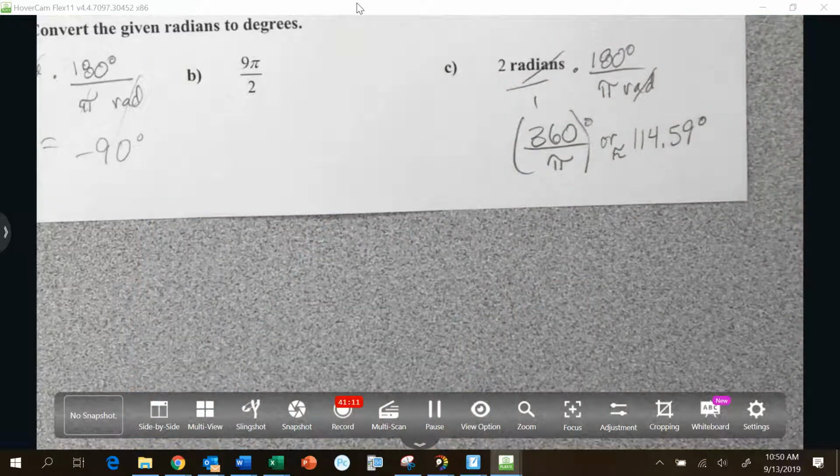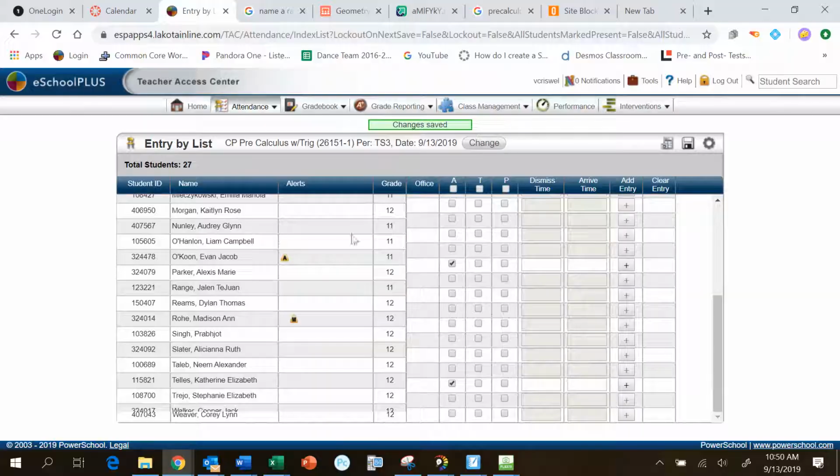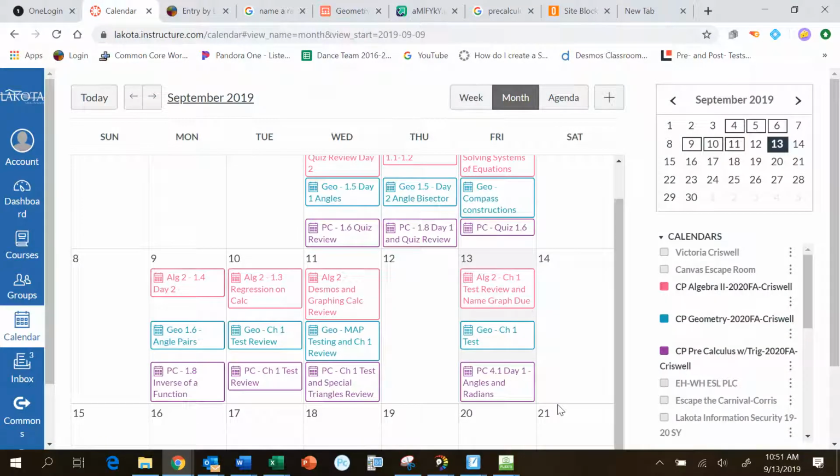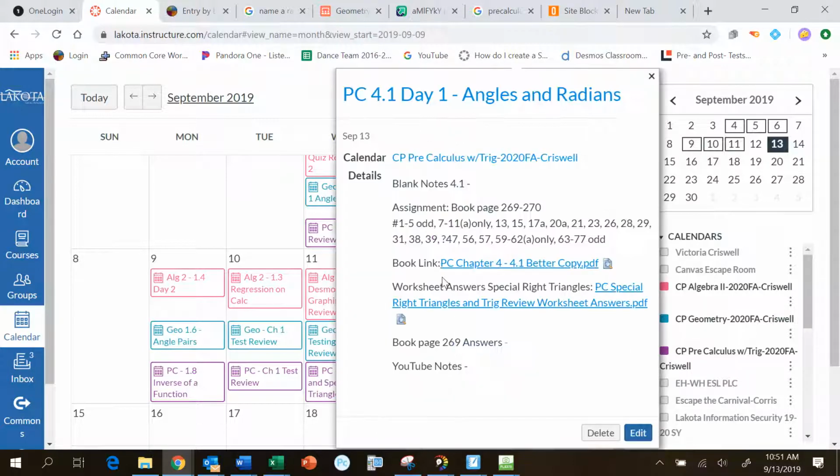Our assignment's actually in a book. Now what I did is I posted the book on Canvas. If you want a book, we can start checking out books today. There's the book here.